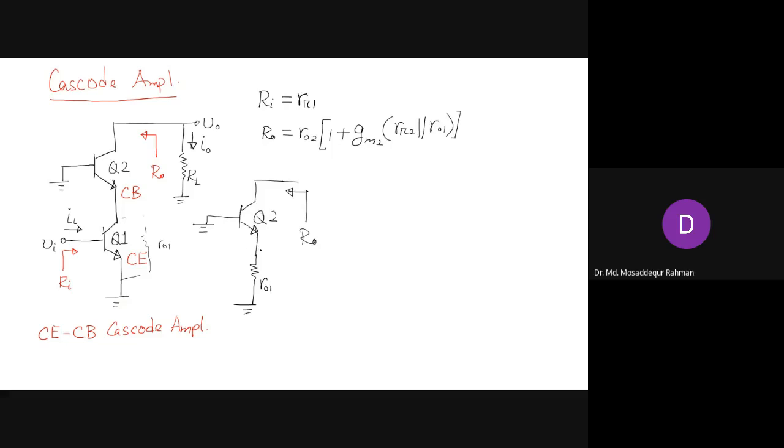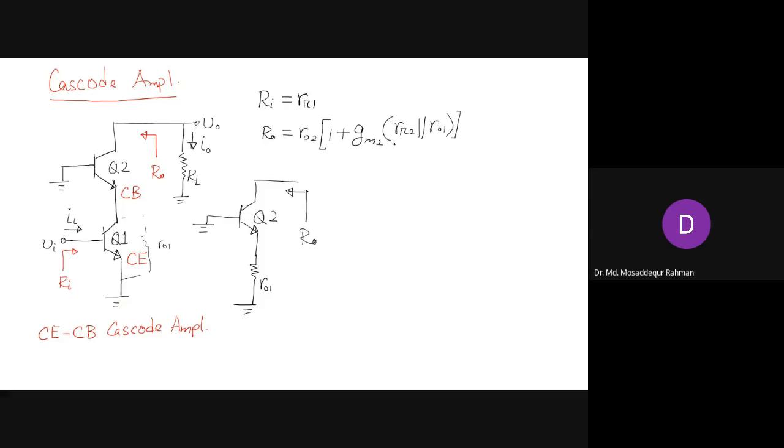If you are grounded, it will be just small r0, but if you have a resistance in the emitter, then we have this multiplication factor, 1 plus GM2 times this R pi 2, the resistance here, in parallel with this R0 1, that's in the emitter. Okay, that's correct. That's our output resistance.